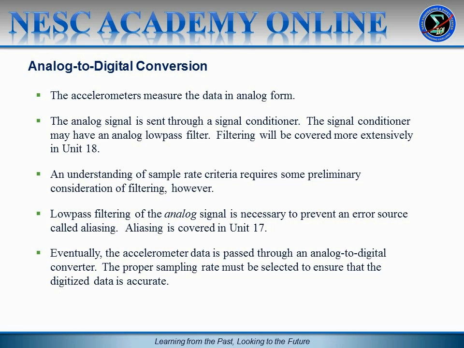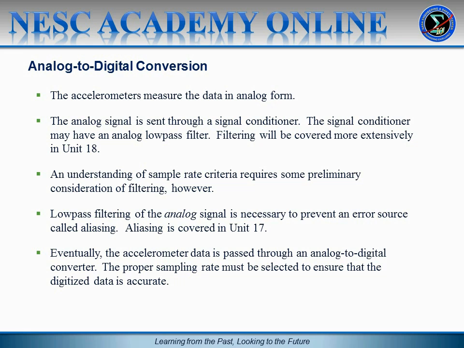The accelerometer is the transducer which measures the data in analog form, and this could be vibration data or shock data. The analog signal is then sent through a signal conditioner, and the signal conditioner may have an analog low-pass filter, and filtering will be covered more extensively in Unit 18.